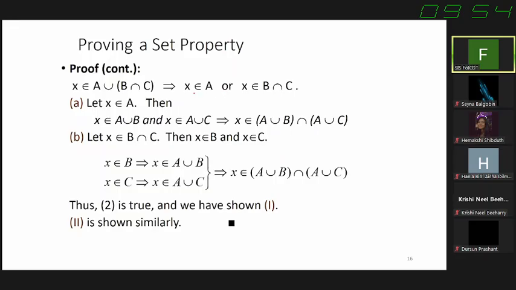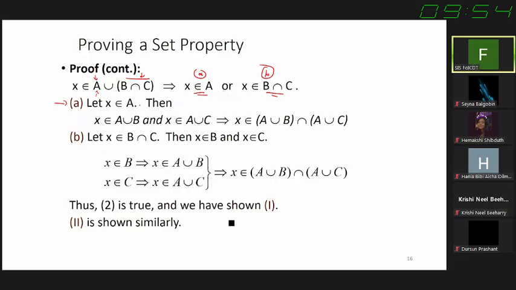X is found either in A, or the element is found in B intersection C. It's either here or here. This is case 1 and this is case 2. So that's A and that's B.